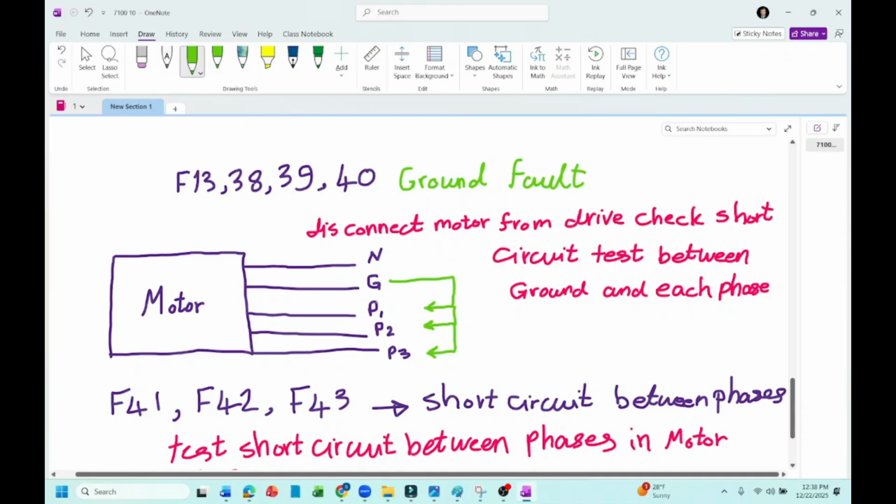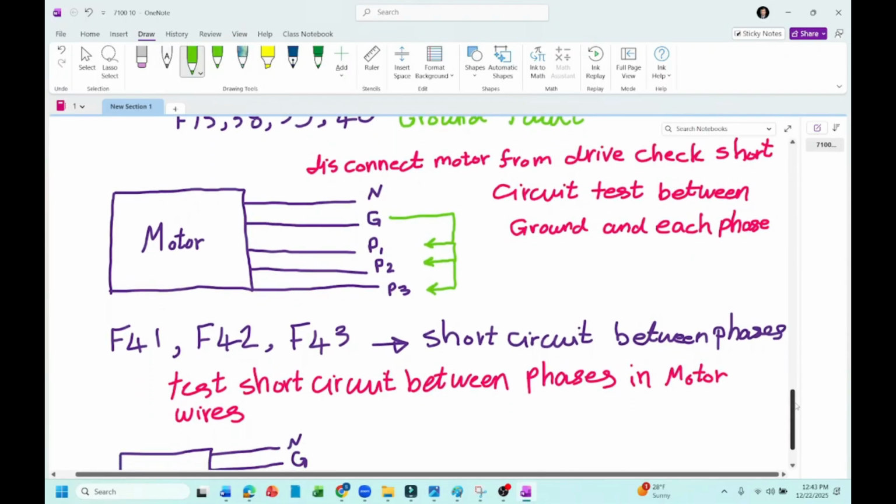That means one time ground to P1, second ground to phase 2, and third ground to P3. If you have any short between ground and these three, for sure it could cause these four fault codes. It could come from the wire or from the motor itself.